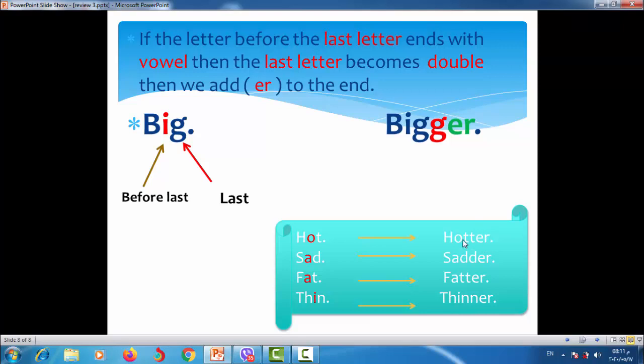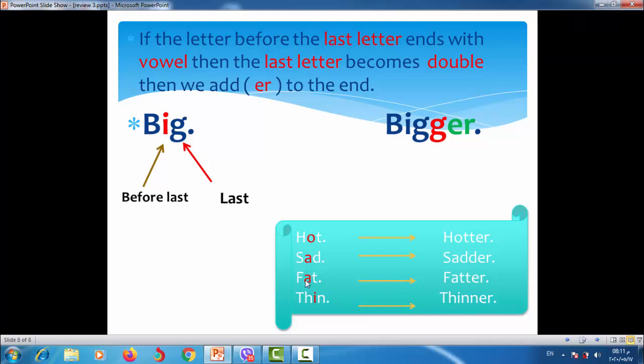Becomes double, becomes 2, then we add ER. Sad, look, sad, the letter before last is a vowel, is A. A is a vowel. Then the last one becomes double, and then we add ER.